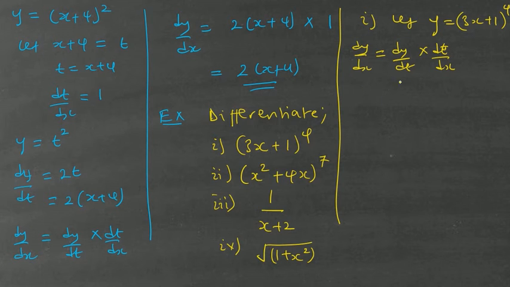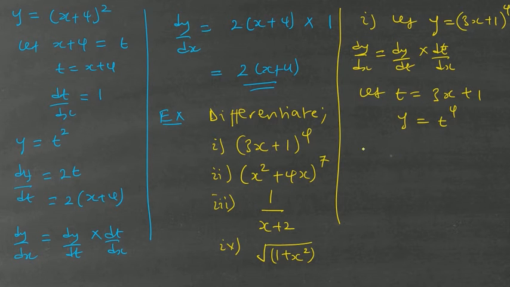Now, it means we have to let something be t, and we said that it is what is in the bracket. So we let t be 3x plus 1. So when we let t be 3x plus 1, it means our y will be equal to t to the power of 4.